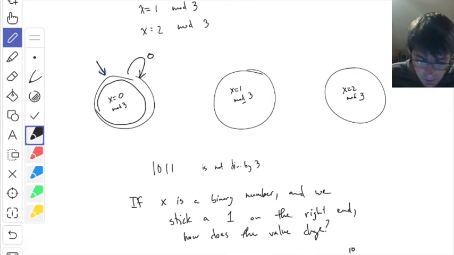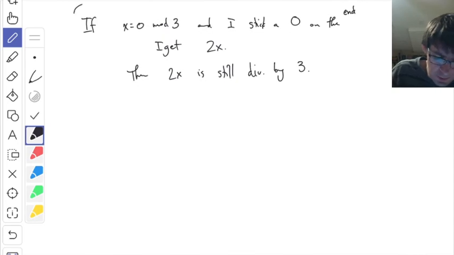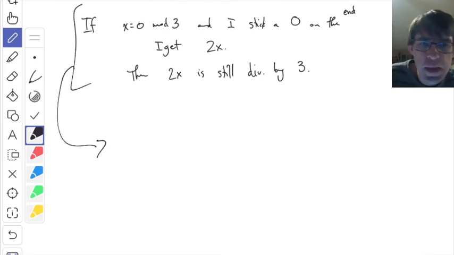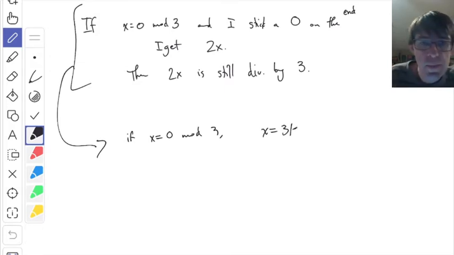So the other case would be if it's divisible by 3. Instead of all of these words, I would like to write this a little more mathematically, which will make it easier to repeat this reasoning in the other steps. Can I say it this way? If x equals 0 mod 3, then we can say x equals 3 times k, right?